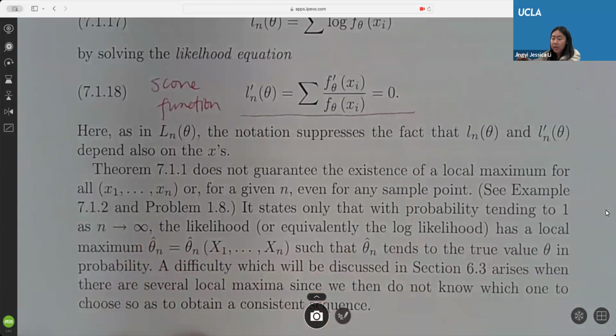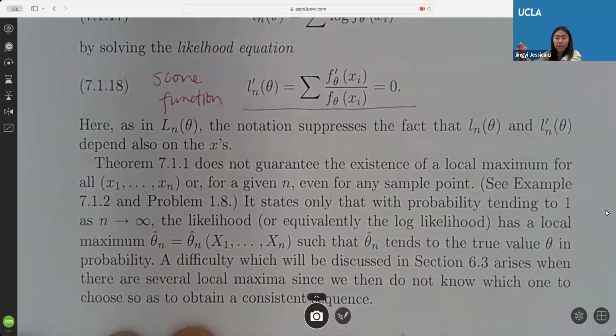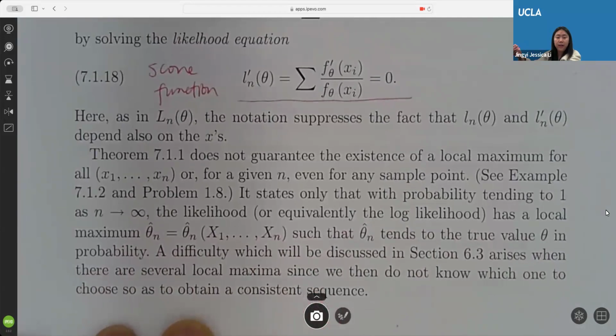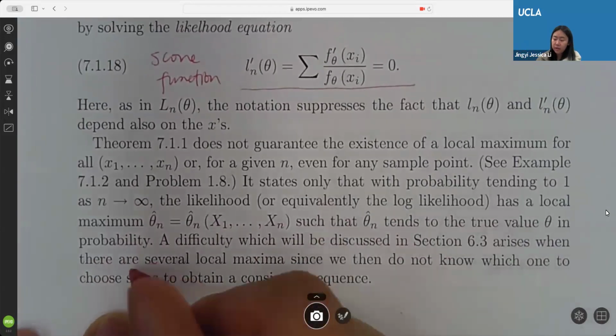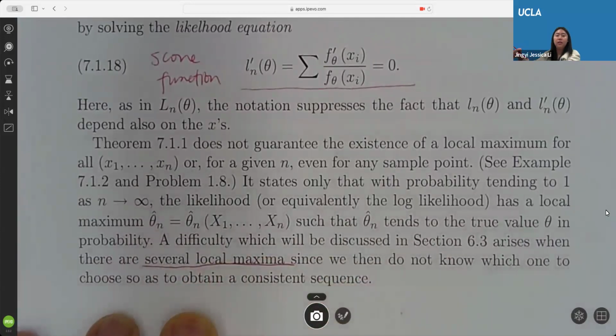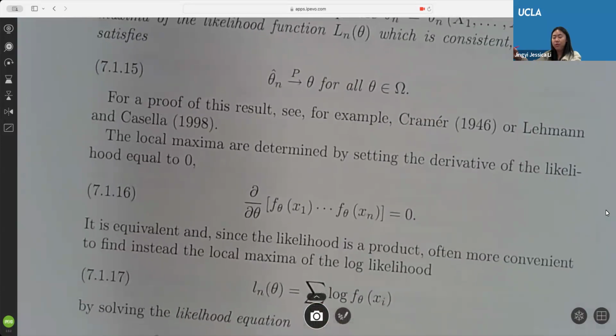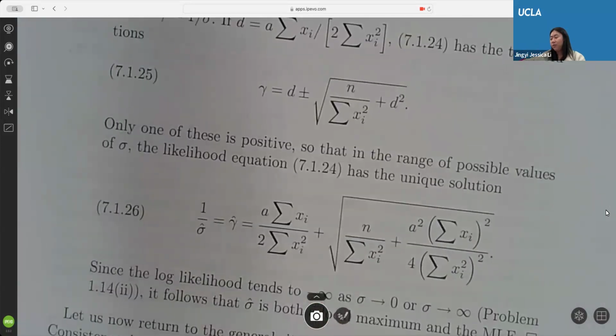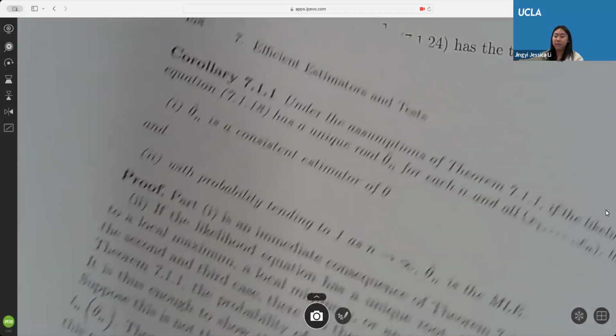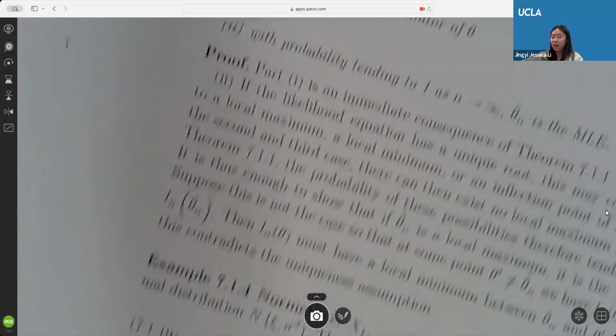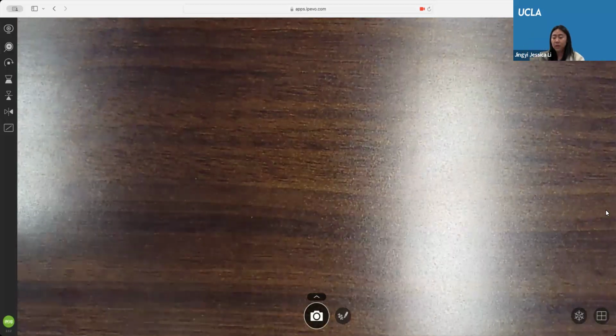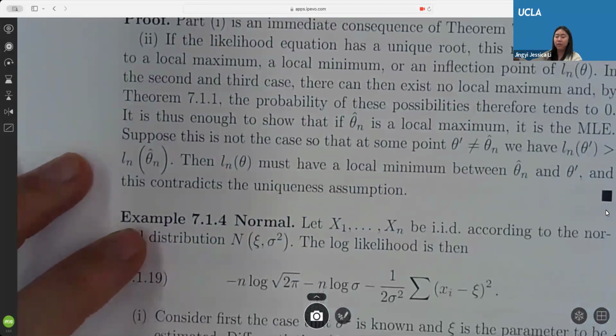In other words, it is an asymptotic result, saying what happens when your sample size is large enough. It's not a finite sample result. When there are several local maxima, there could be a problem: which one to choose? That's a problem if your likelihood function doesn't have a global maximum, like a concave function would.